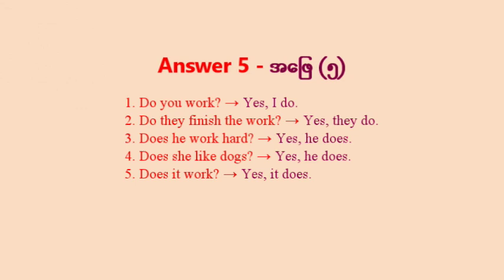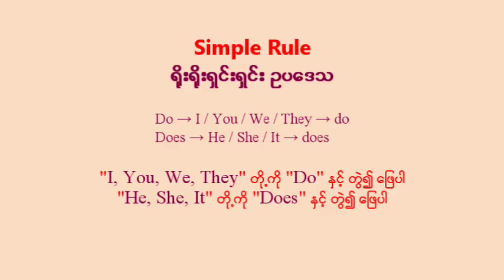Does he work hard? Yes, he does. 4. Does she like dogs? Yes, she does. 5. Does it work? Yes, it does. Simple rule: I, you, we, they do. He, she, it does.